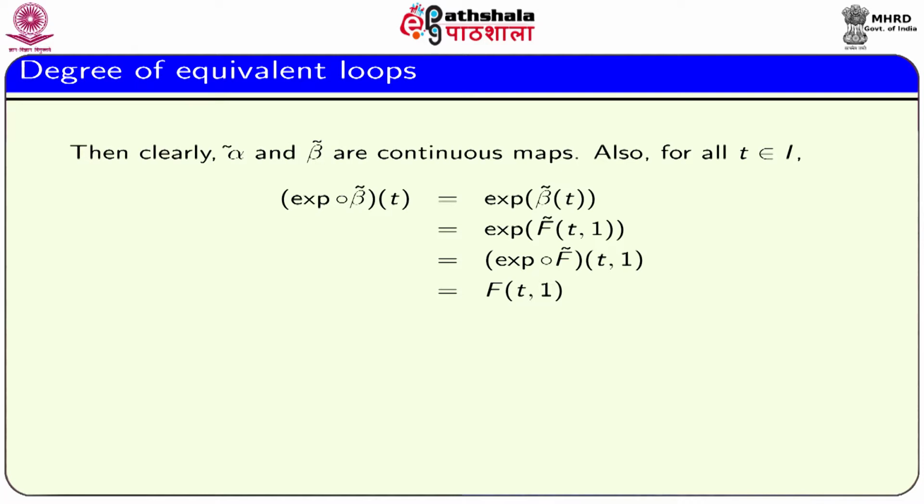Also, for all values of t, exponential composed beta tilde evaluated at t is equal to exponential evaluated at f tilde of (t, 1), because we have defined beta tilde in terms of f tilde, and that is equal to exponential composed f tilde of (t, 1), which is equal to f(t, 1).